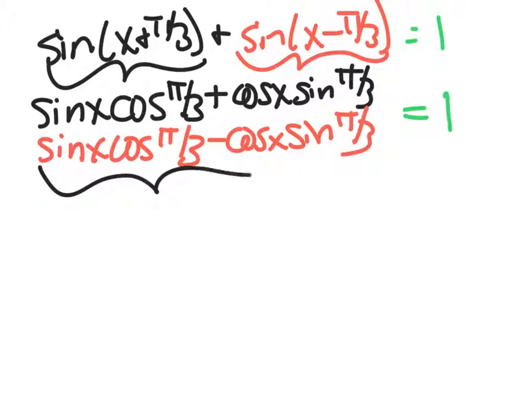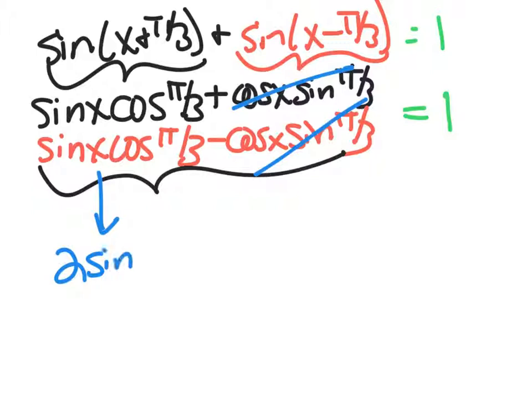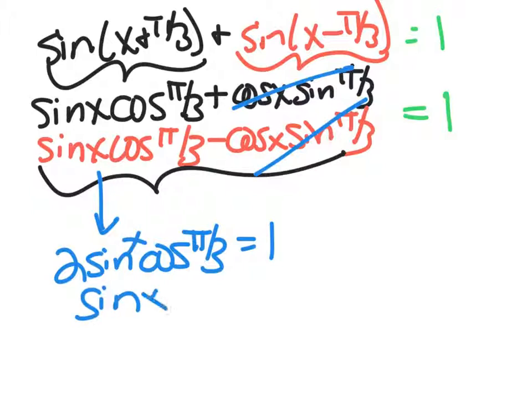If I put these together, you may have noticed that these are going to cancel. Which is going to make this 2 sine x cosine pi over 3 equals 1. Divide both sides by 2. Oops, sorry, I forgot the x. Sine x cosine pi over 3 equals a half.